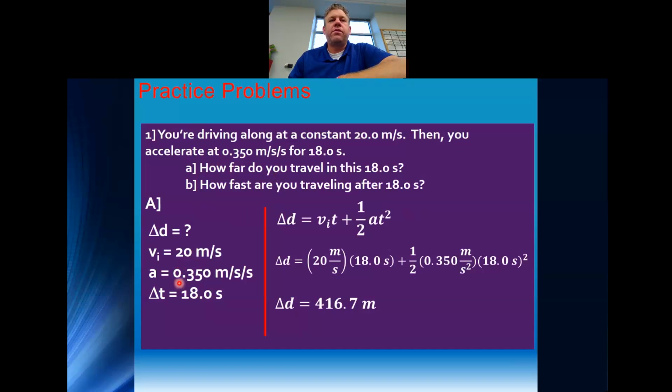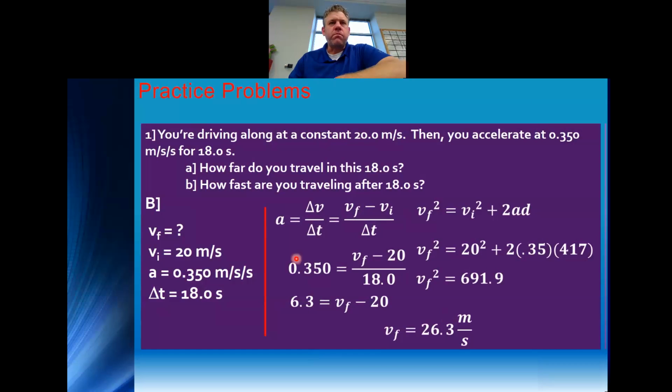There's our acceleration, and there's our time right there, all right? Because we're looking for how far, we want to use our delta D equation, right? So we put in our 20 meters per second, 18 seconds, 1/2, 0.35, 18, run that through a calculator, and what you should see is that comes out to about 417 meters, okay?